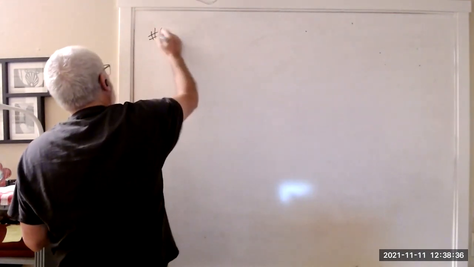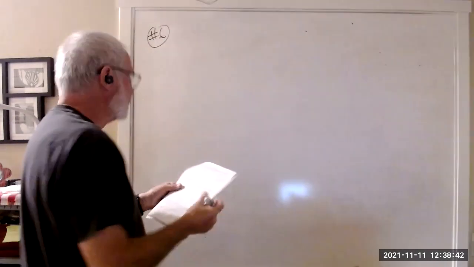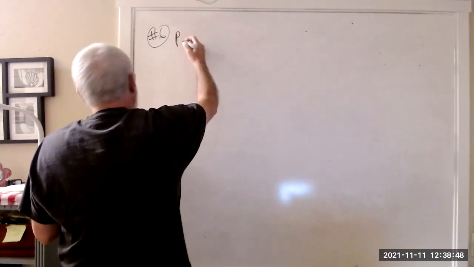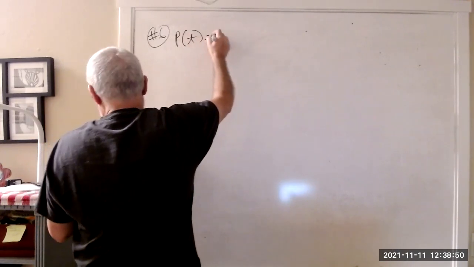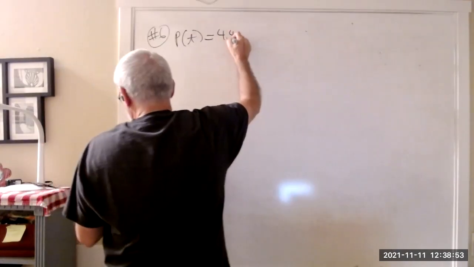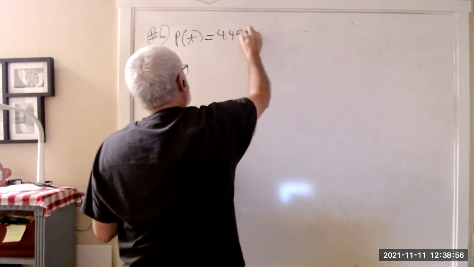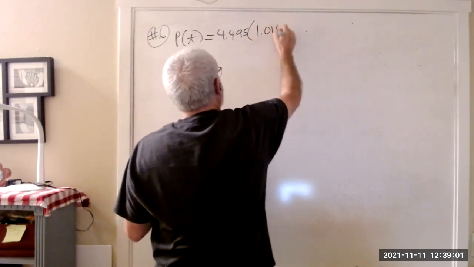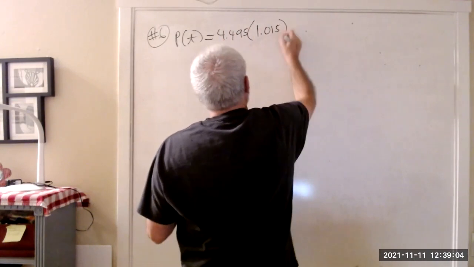All right. Last problem of the evening is number 6. Sometimes instead of using these special formulas, scientists have already made up a formula. So this says P of t equals 4.495 times 1.015 quantity raised to t power.